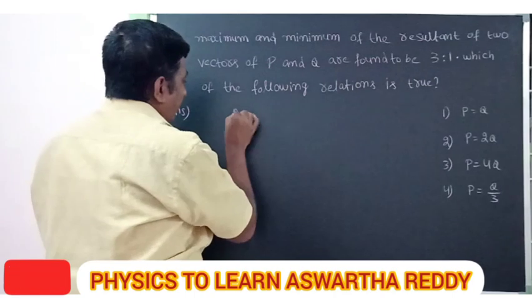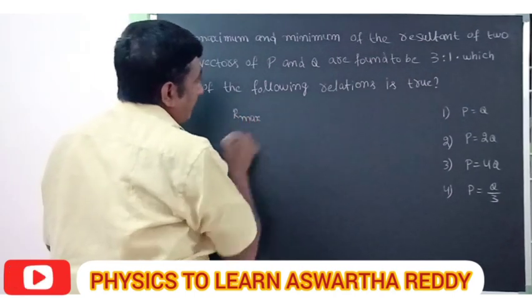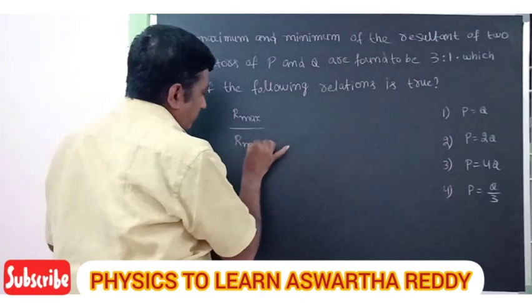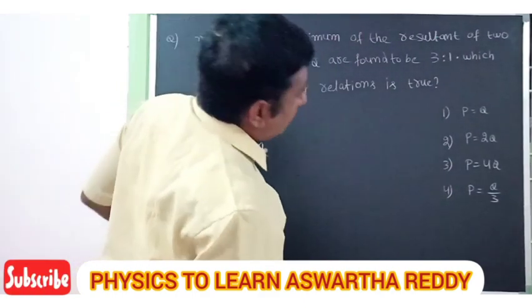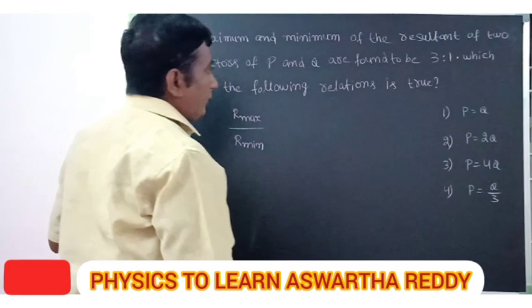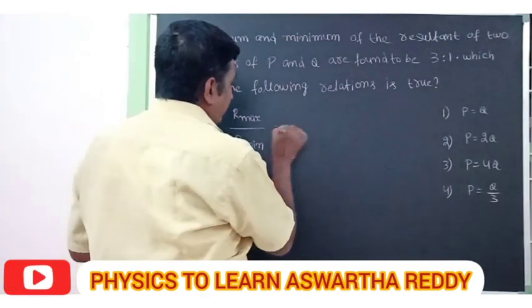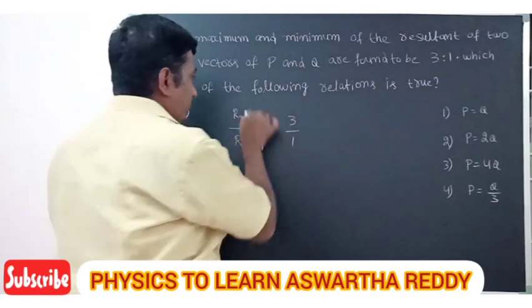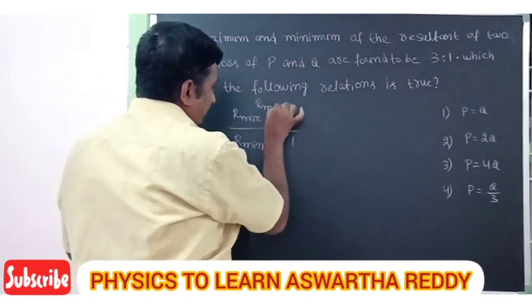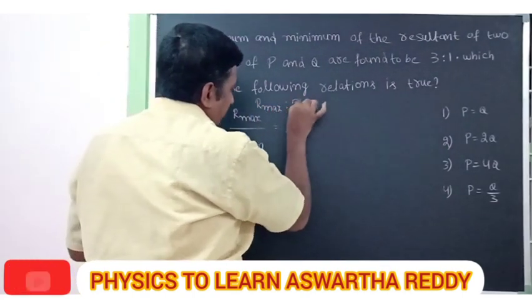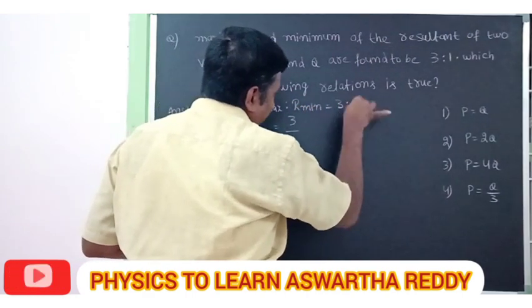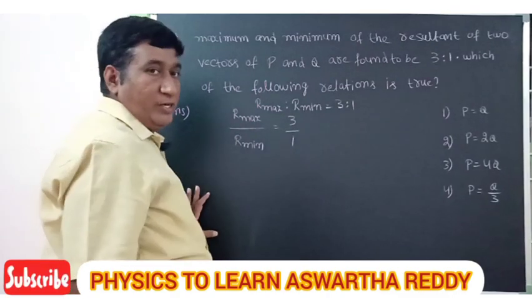They have given R maximum and then R minimum, the resultant of the two vectors P and Q, in the ratio of 3:1, which is nothing but 3 by 1. So I can write R maximum is to R minimum equal to 3:1.